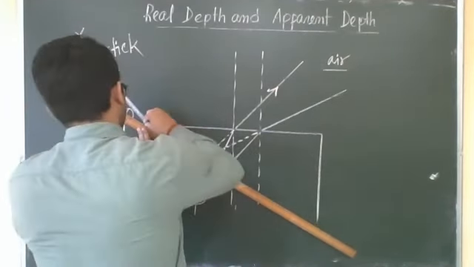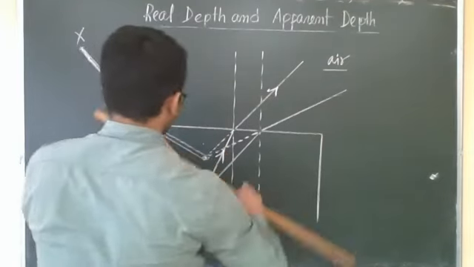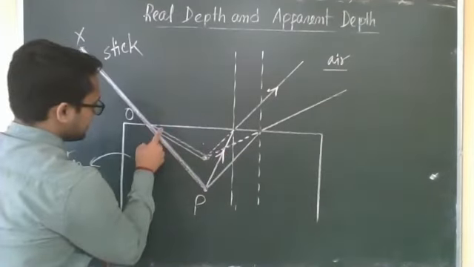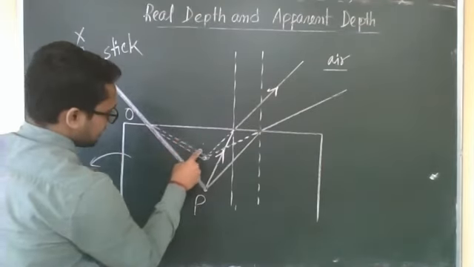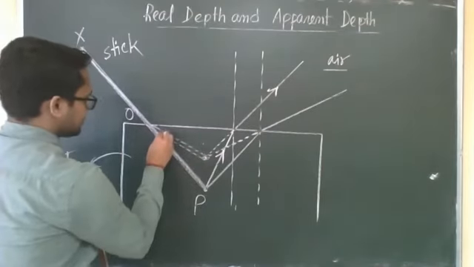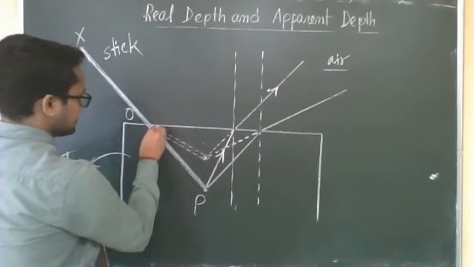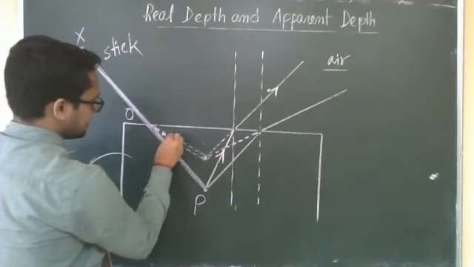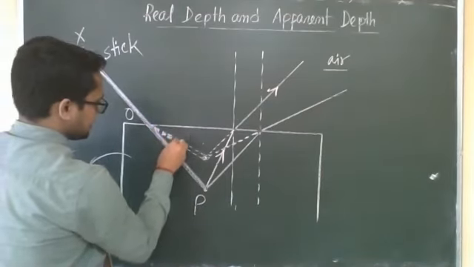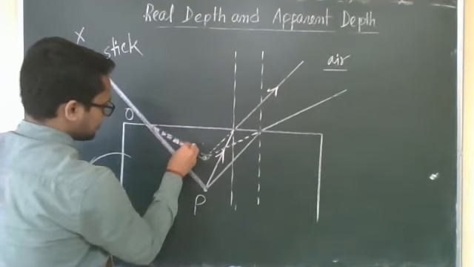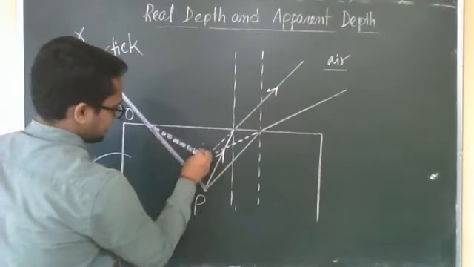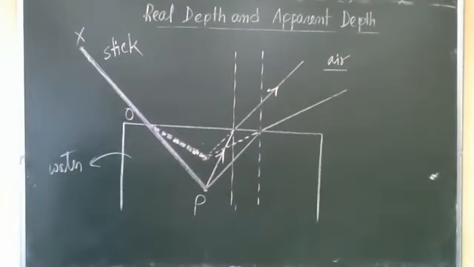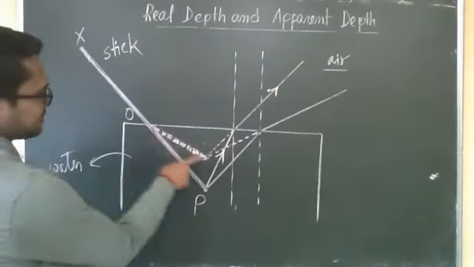Don't give a solid line, give a dotted line here. In this way, very nicely we will draw. So this is the bending part.